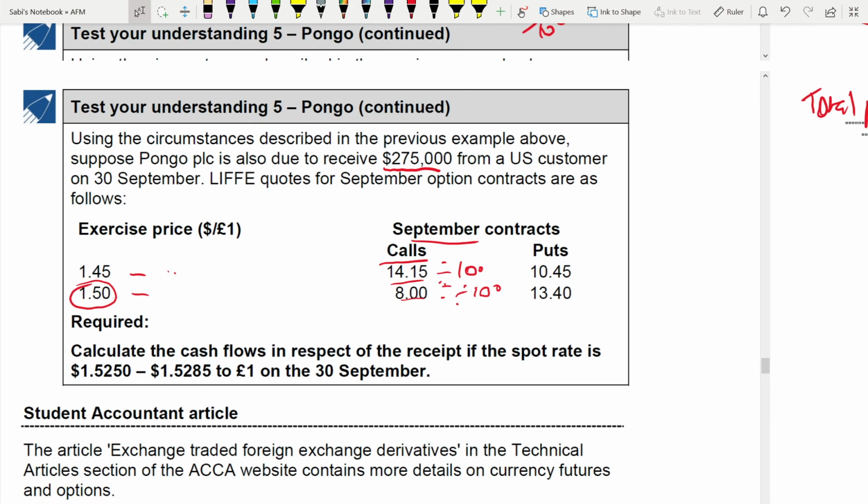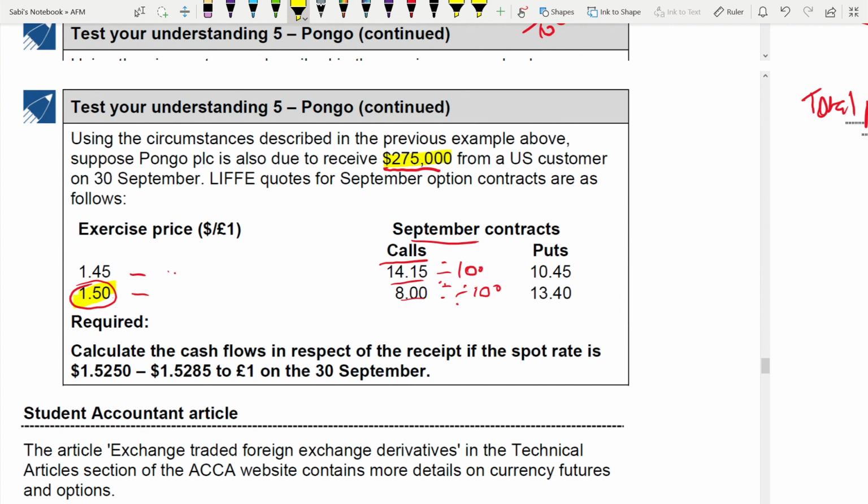Because this is in dollars, you cannot divide this by 25,000 directly. First you need to convert the dollars into pounds. How are you going to convert the dollars into pounds? This 275,000, by using this rate, divide it by 1.5, then divide it by the contract size, 25,000. Then you will be getting 7.333, so round to 7 contracts. That means 7 contracts you need.